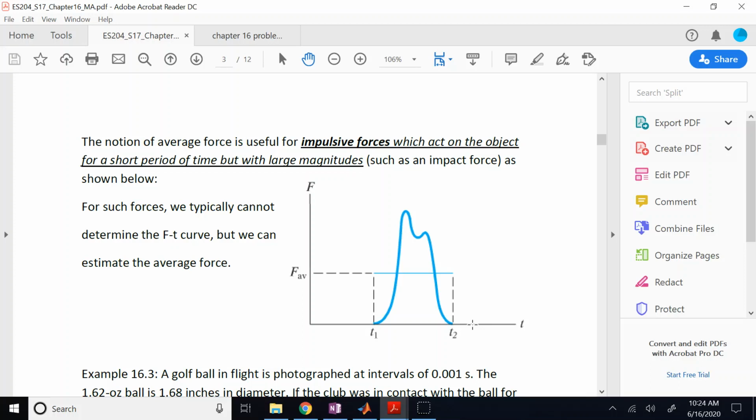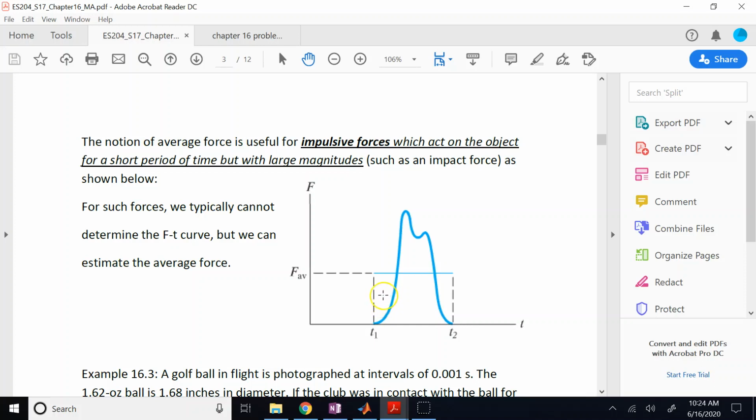In a very short time, a large force is applied, and typically the force is not a simple function that we know, like a polynomial or sine or logarithm or power function. It's kind of an impulse function. There could be some oscillations in it, even in that short duration. And typically measuring these is not super easy unless you have a very fast force transducer.